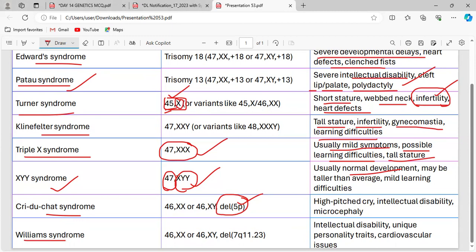And also Williams syndrome. In which chromosome will Williams syndrome occur? See, what is the type of chromosomal aberration, whether it is a deletion or duplication or some other aberration? And also you have to focus on in which chromosome and in which arm this deletion is happening. That is also important. You have to focus on all these syndromes. This is an important thing.